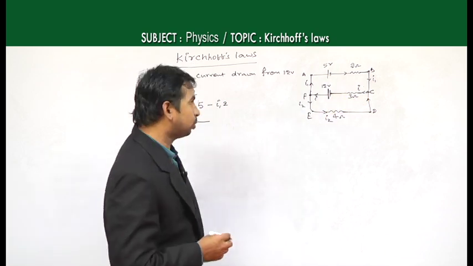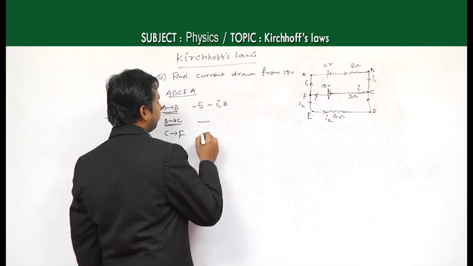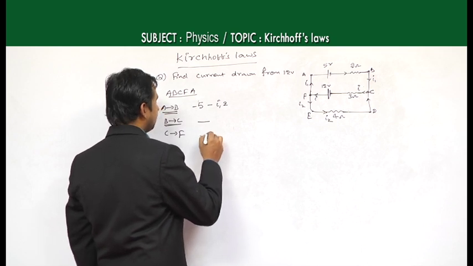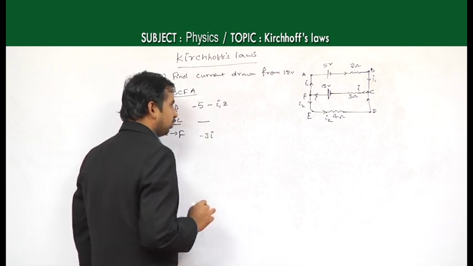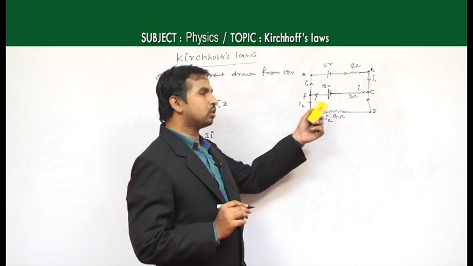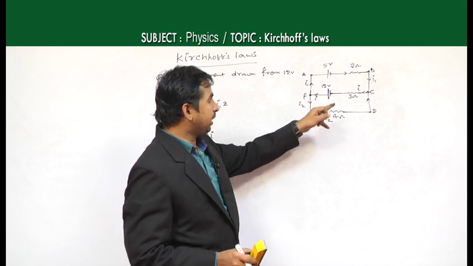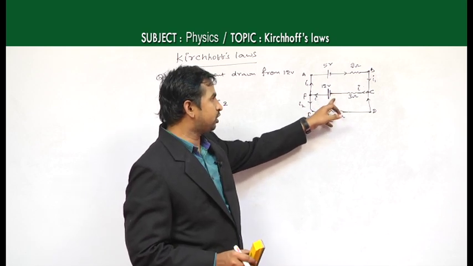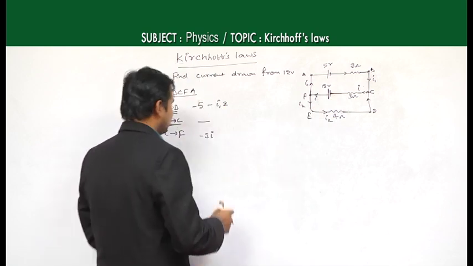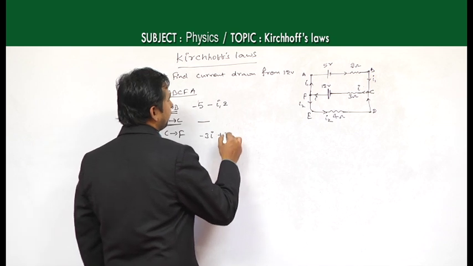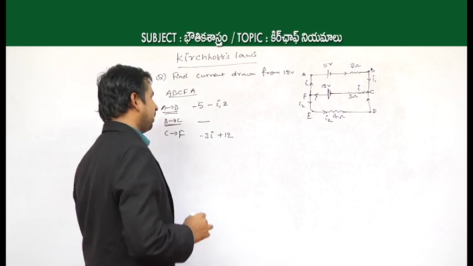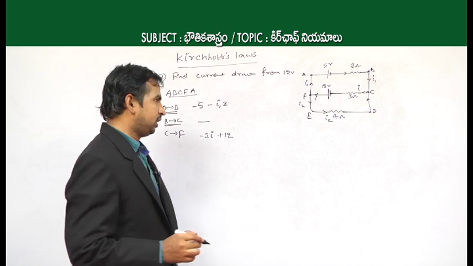So that is why through that 3 ohms we have to take minus 3, which is minus 3I. And it is coming across a voltage source of 12 volts, and we are going from the low potential region to the high potential region, which is taken as plus 12, that is, minus 3I plus 12.